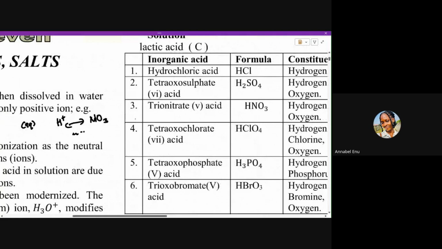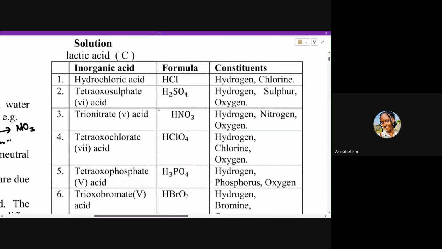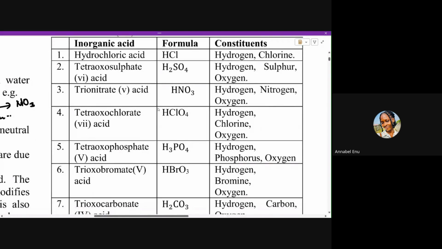So when we come this way, we see some common acids, right? Hydrochloric acid, tetraoxosulphate VI acid, trioxonitrate V acid, tetraoxochlorate. These are some common acids, and they are regarded as inorganic acids. What are inorganic acids?